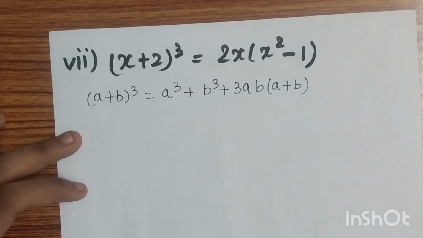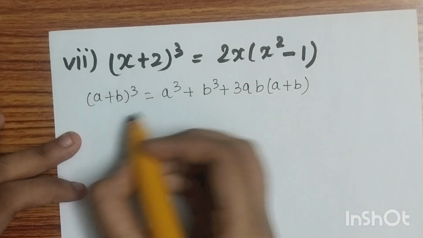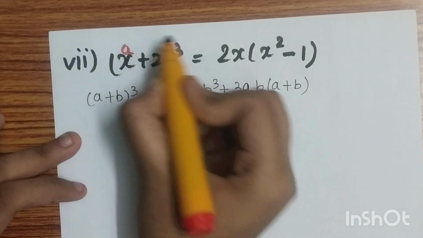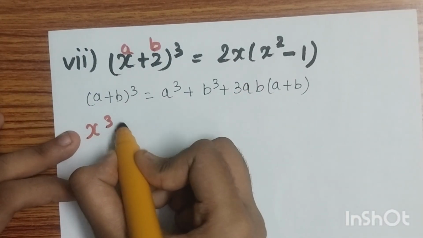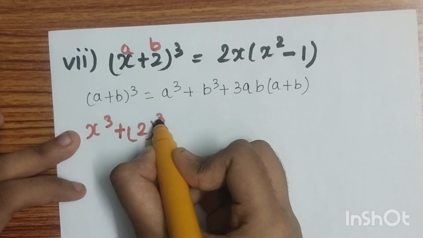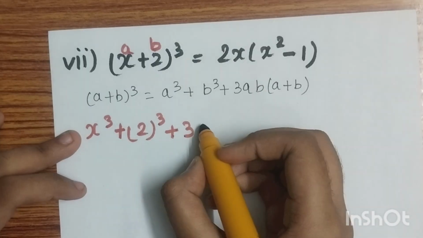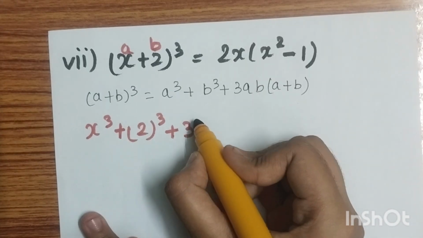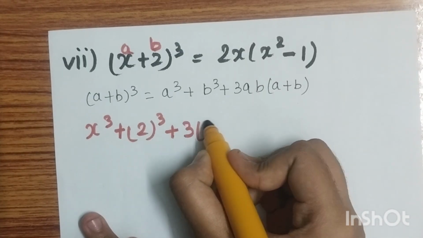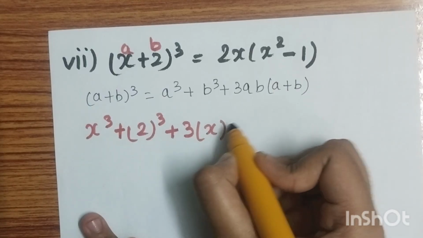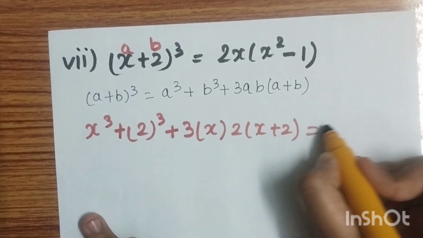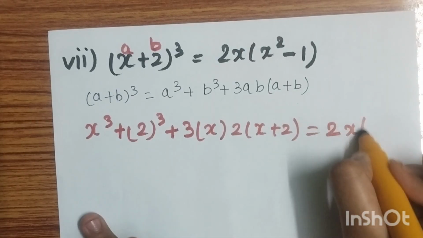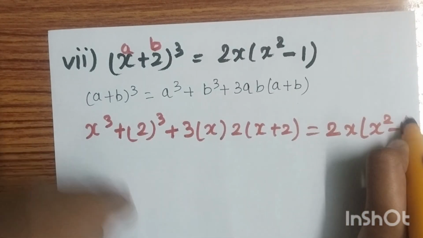So just substitute here. This is our a and this is our b. So x cube plus 2 cube plus 3 into x into 2 into (x plus 2) is equal to 2x into (x square minus 1).